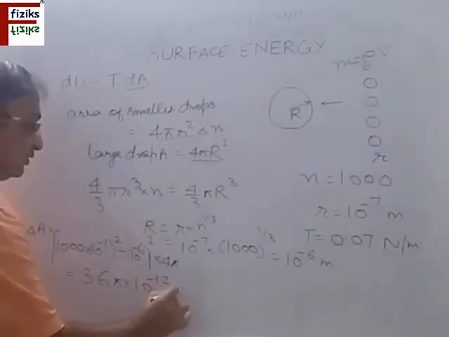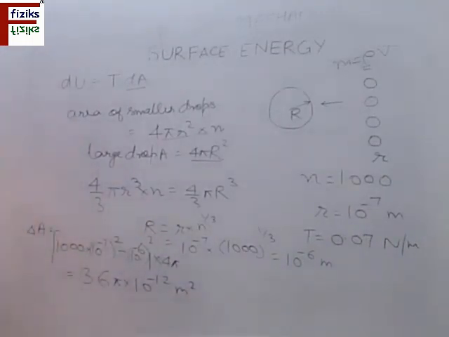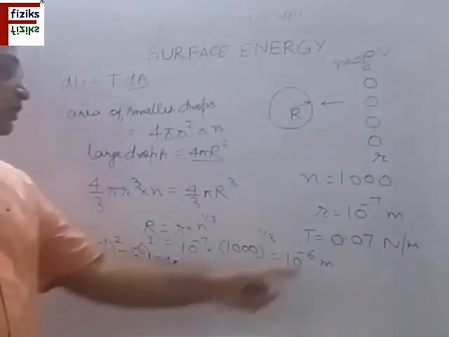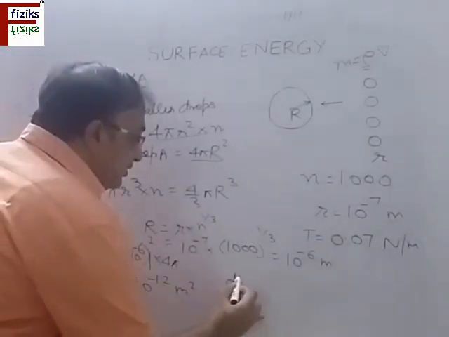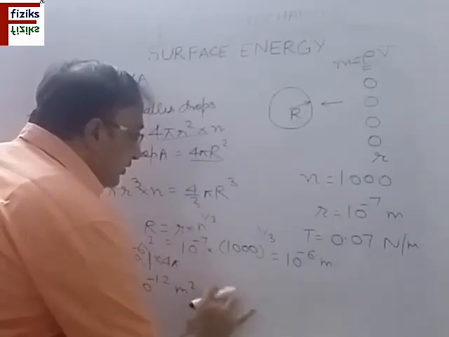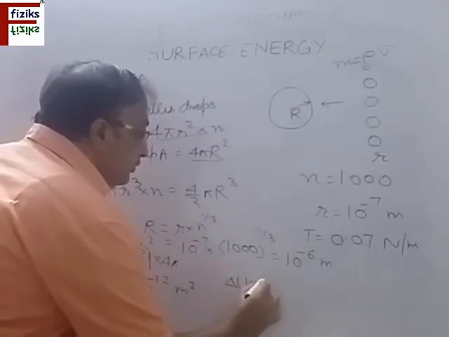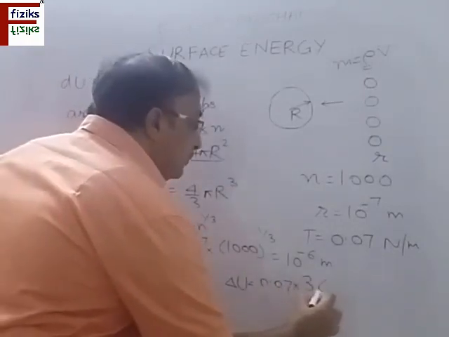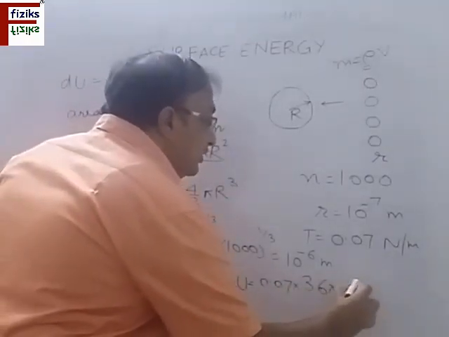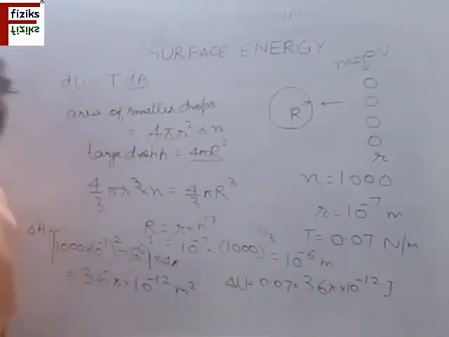And if you multiply this by the surface tension, you will get the surface energy released. So surface energy released, delta U, is equal to 0.07 into 36 pi into 10 to the power minus 12 joule.